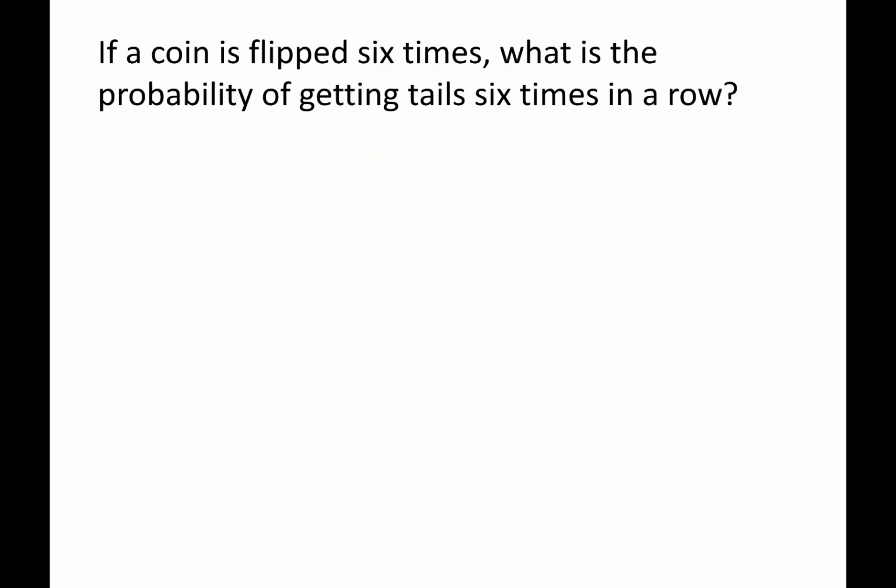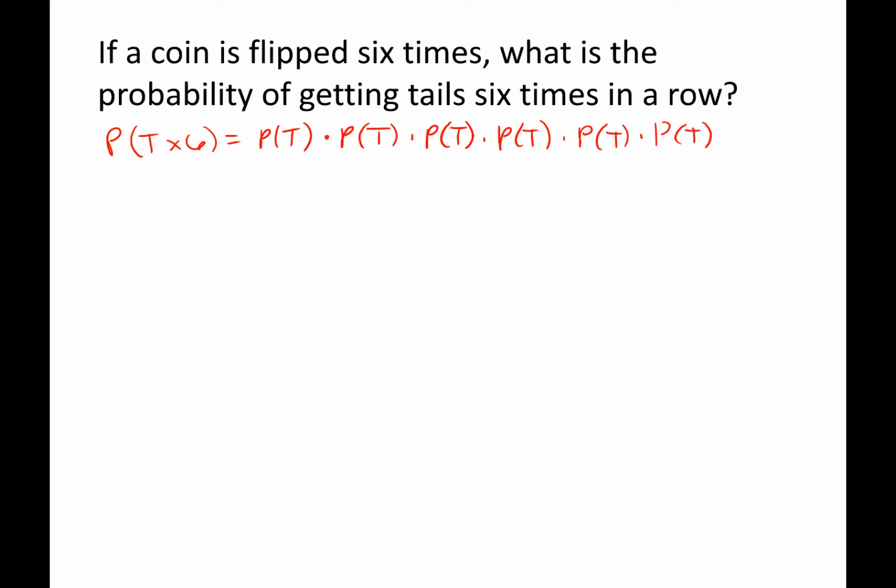Okay, if a coin is flipped 6 times, what is the probability of getting tails 6 times in a row? Well, this would be the probability of tails 6 times in a row. So that means I do the probability of tails times the probability of tails times the probability of tails times the probability of tails times the probability of tails times the probability of tails, and I have 6.